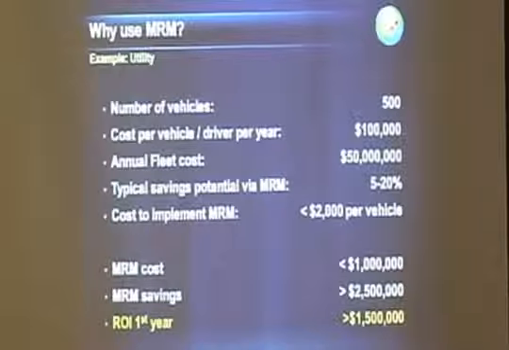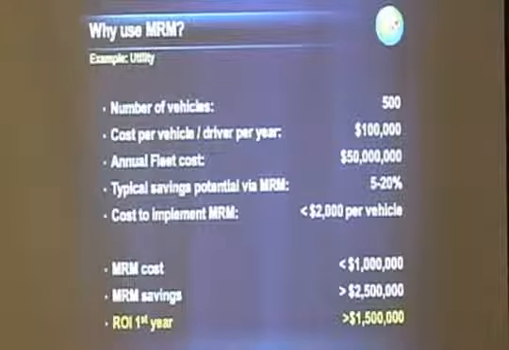To get the cost-saving point across, I have a cost per vehicle per driver of about $100,000 per year. Every vehicle has maintenance costs and the purchase price of the vehicle that has to be distributed over the years in operation. It has the driver who gets a salary and benefits. If I combine that, it's about $100,000 per year.